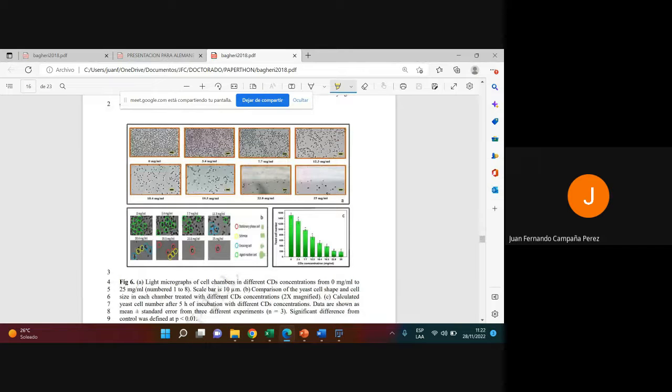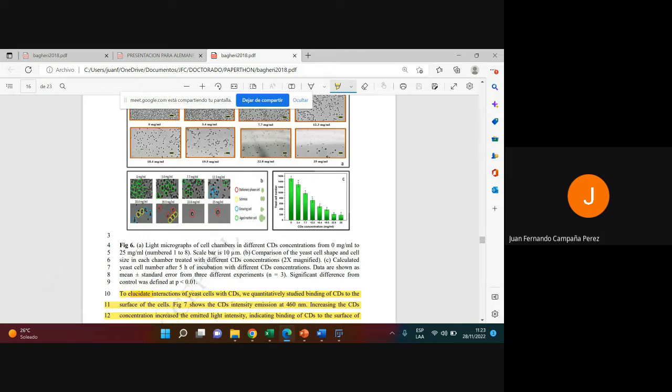As you can see, increasing the carbon dots concentration dose-dependently decreases the number of yeast cells, and the decrease in the cell number was fairly linear, and the largest concentration of carbon dots, 25, gave about 94% fewer cells than in the control condition.